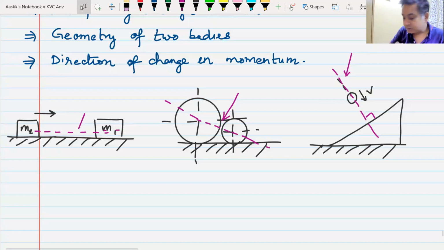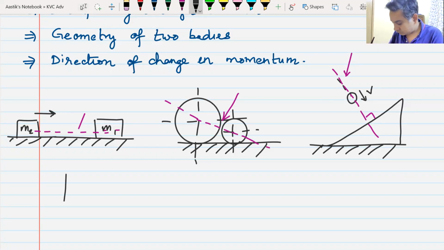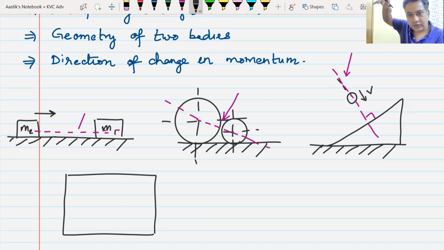One more example. What you are going to see is a top view. You understand the meaning of a top view? This is the top view of the ground. And here we have a ball which is stationary. A ball comes from here, ball 1 comes from here and hits ball 2.